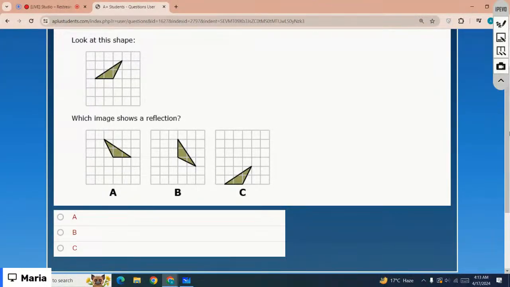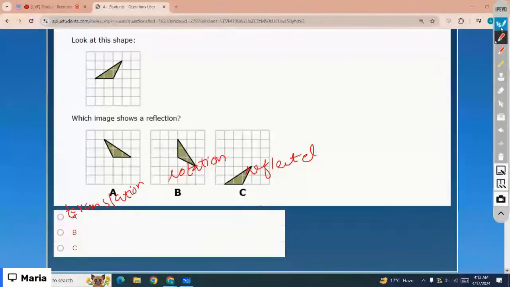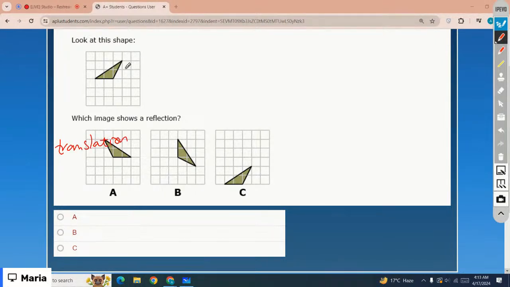A is the translation. B is the rotation. And C is not the reflection.